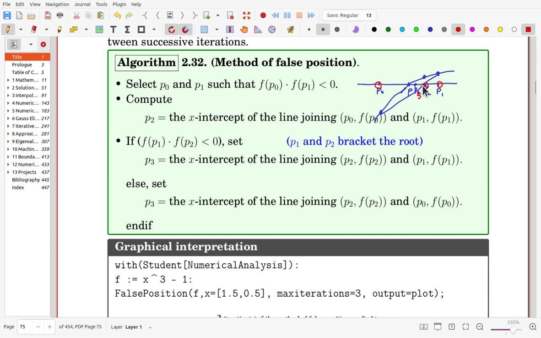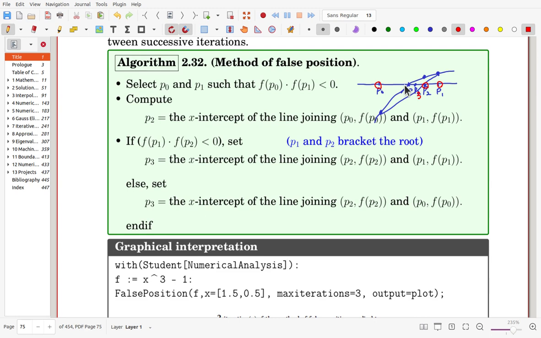Once the solution is on this side, we use these two points to get the secant line and x-intercept. So the method is a little bit like the bisection method.